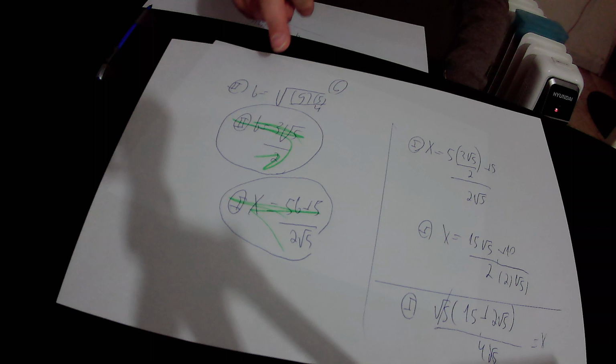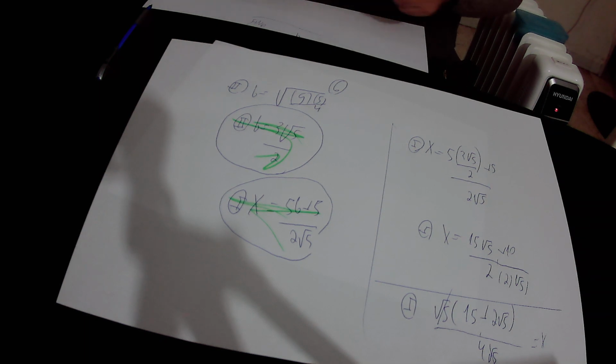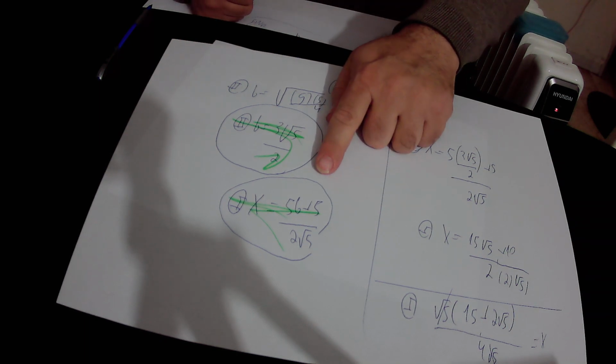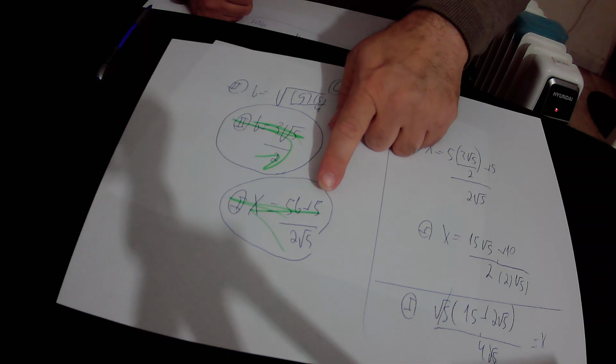This is according to equation number 2, but according to equation number 1, we have already found out that x equals 5b plus 5 over 2 times root of 5.